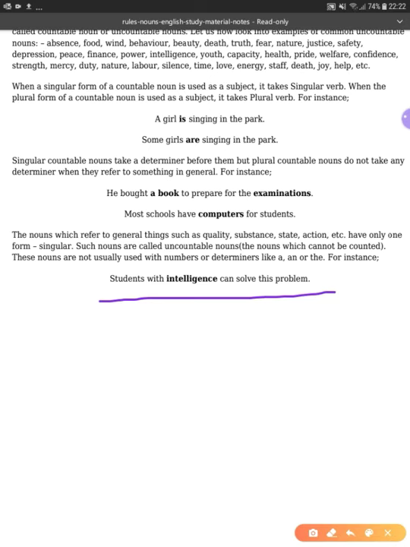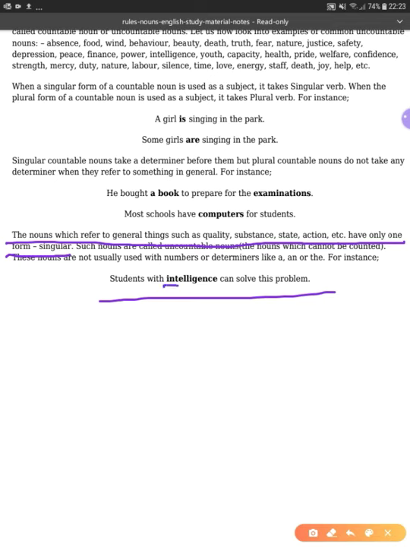So before discussing this example, we must go and check out the definition, what it was saying. The nouns which refer to general things such as qualities, substance, state, action, etc., have only one form, and that is singular. So look for the general things. Now what general thing can you see here?